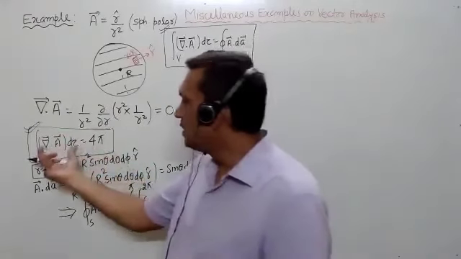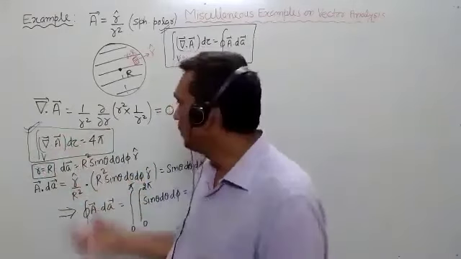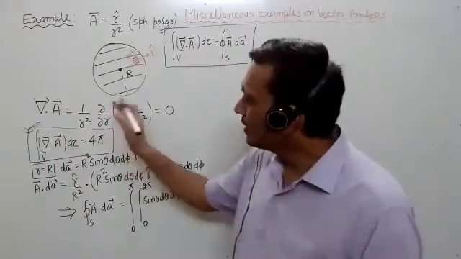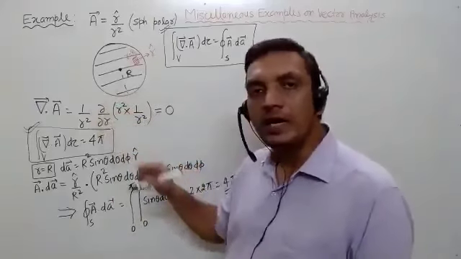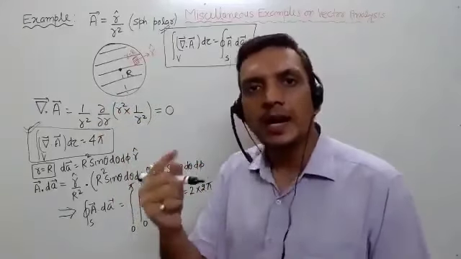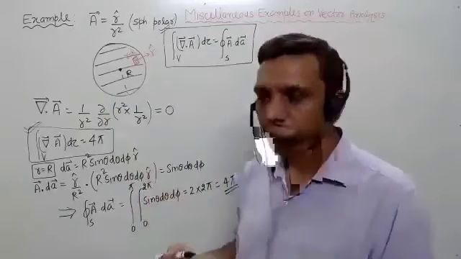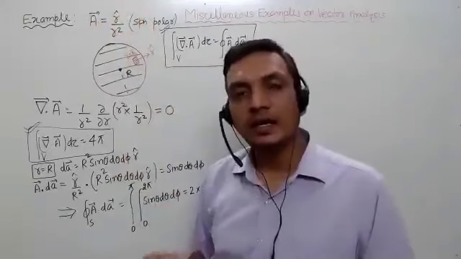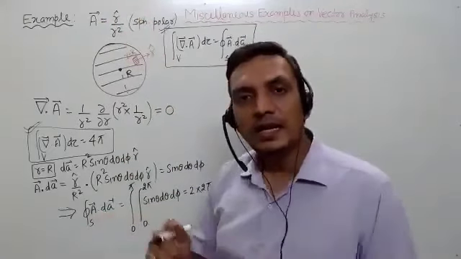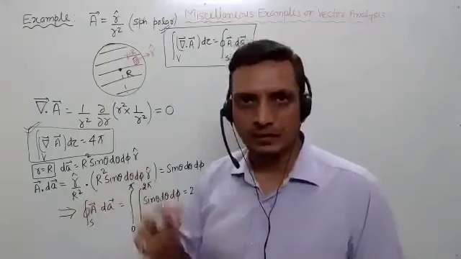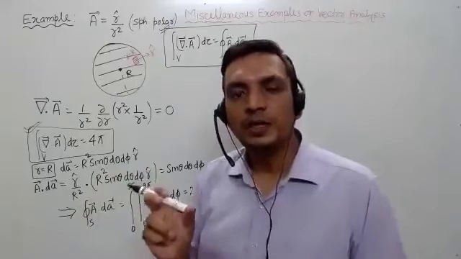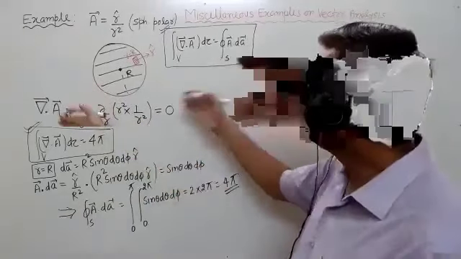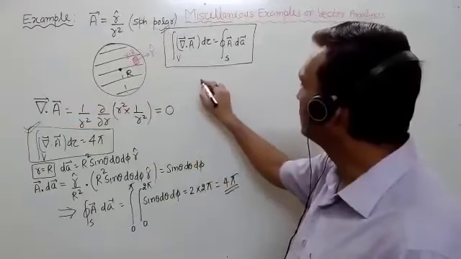Now how you will get divergence of A d tau 4 pi? Because mathematically you have calculated divergence of A is 0. So as I have told you that divergence of A is 0 at all point except at one point, that is r is equal to 0. So we can represent divergence of this vector in a special form, and that is in terms of Dirac delta function. And you know properties of Dirac delta function. So how to express divergence of A for vector r cap by r square?